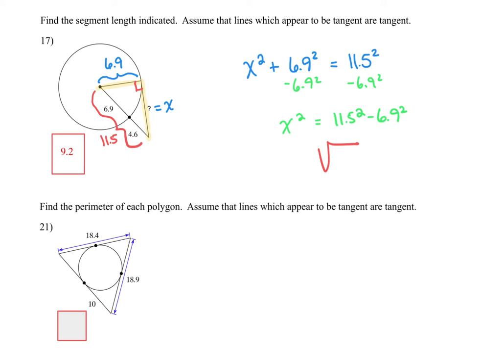All right, number 21. They want the perimeter of this triangle, and they've really not given us all the sides. To get perimeter, we have to add up all the sides. But with tangent lines, we know that they are the same distance from the point outside. So when they have given us this 10, we know that if that is 10, then this is 10.